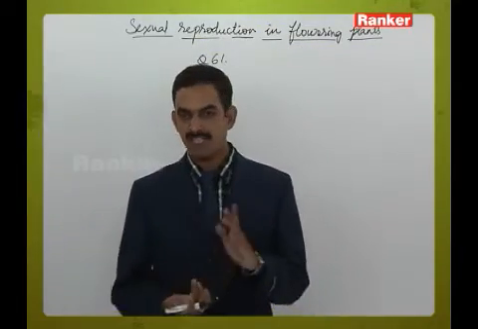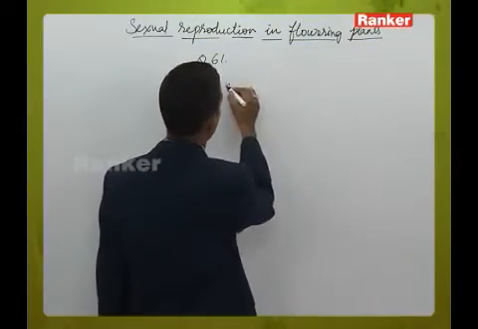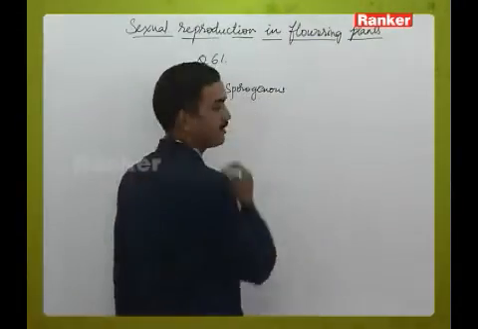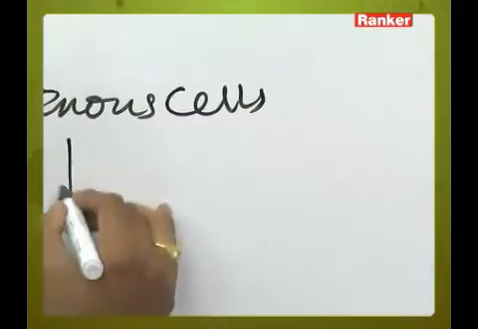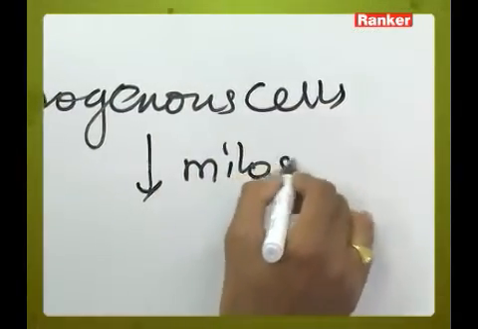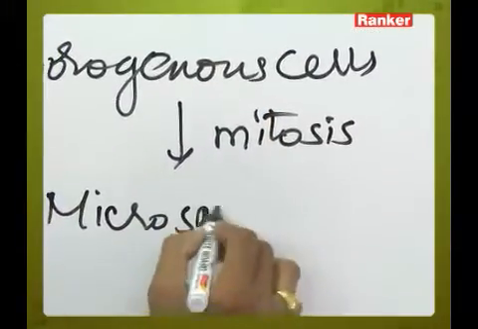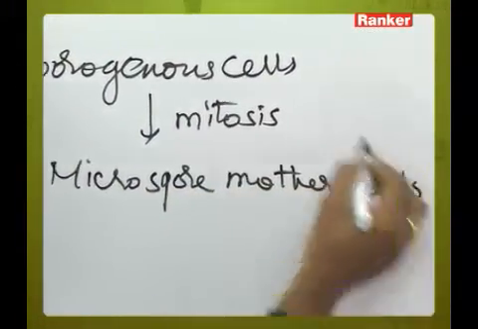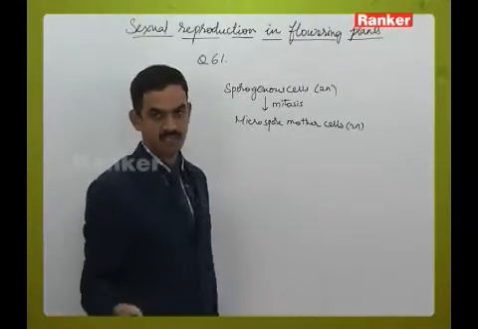Actually what is happening inside the microsporangium is, the cells which are called sporogenous cells will undergo mitosis and form into microspore mother cells. These are diploid, and they are also resulting into diploid structures.